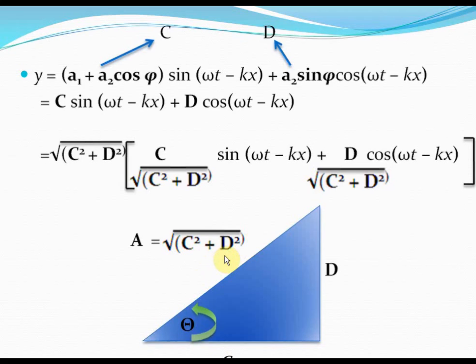So how about replacing these expressions by sin theta and cos theta? We can substitute A equal to the square root of c square plus d square. I know there's a lot of mathematics involved, but it will really help us. So I'll substitute c divided by the square root of c square plus d square by cos theta, d divided by the square root of c square plus d square by sin theta, and the square root of c square plus d square by A.